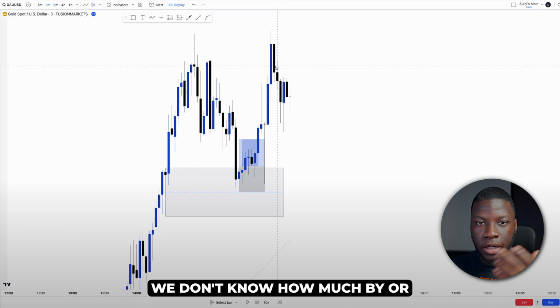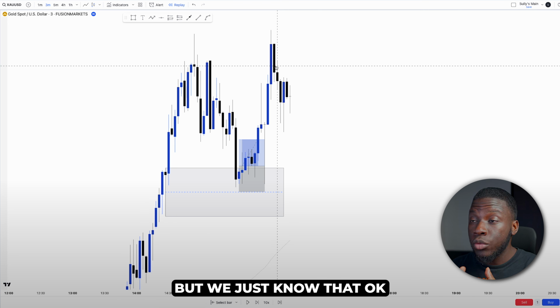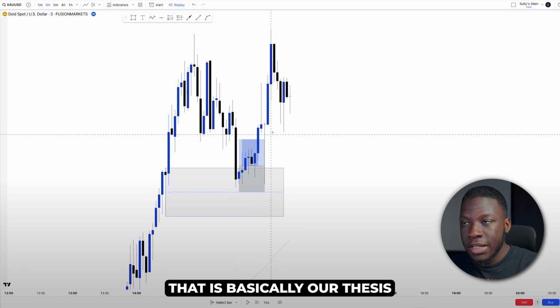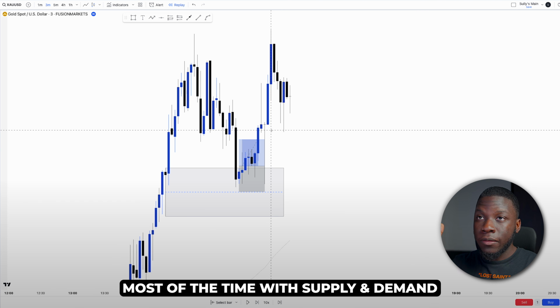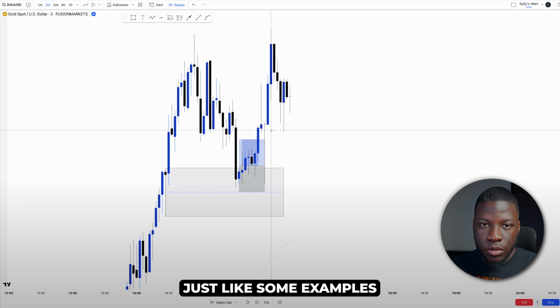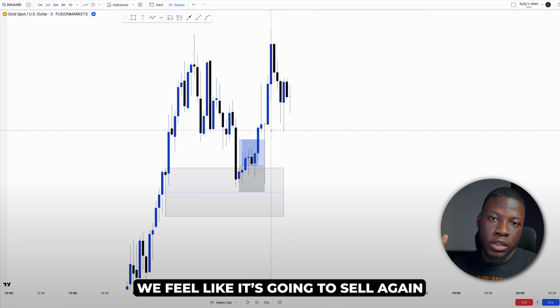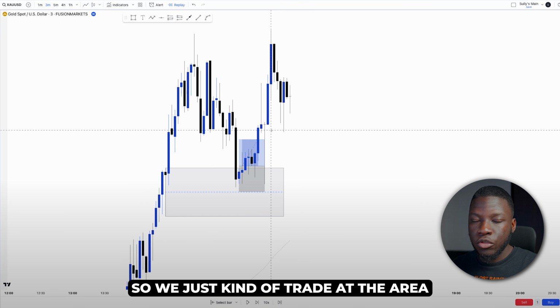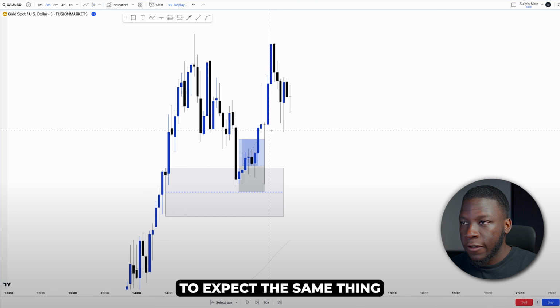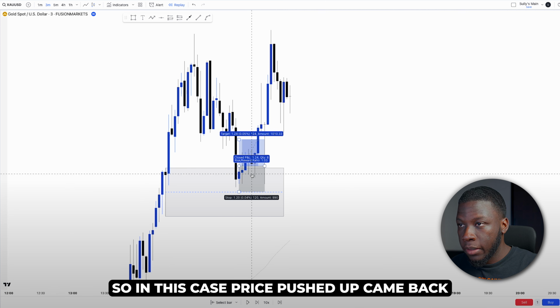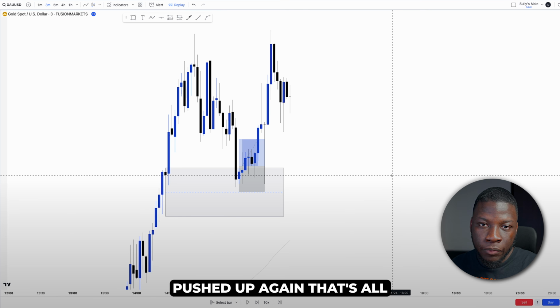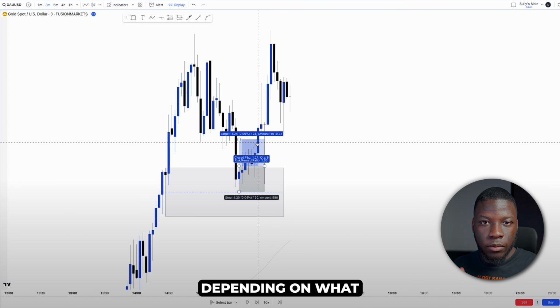We don't know how much or when, but we know there's a chance it's going to go back up again like it did before. That is basically our thesis most of the time with supply and demand. Just like sell examples, if it sold before at one point, we feel like it's going to sell again. So we just trade at that area to expect the same thing. In this case, price pushed up, came back, pushed up again. That's all. And then we make our money depending on what price is saying.